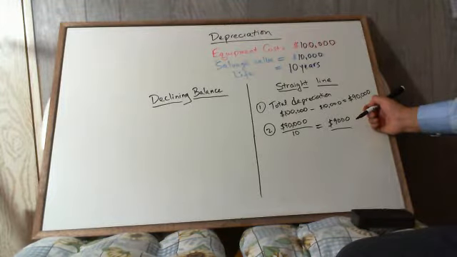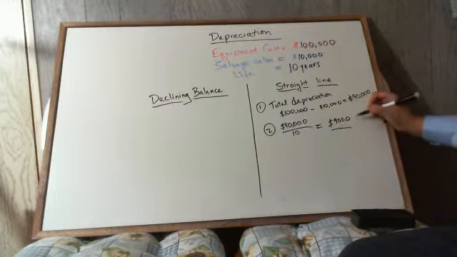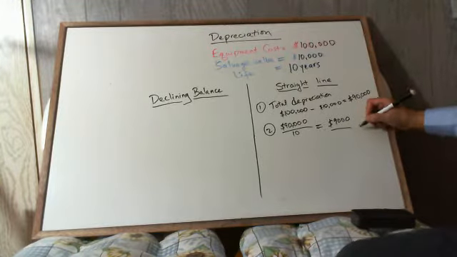Every year that will be subtracted in the profit and loss account. This is how to calculate the straight line, and it is the most frequently used method by Canadian public companies.